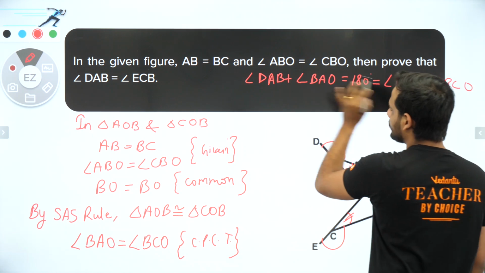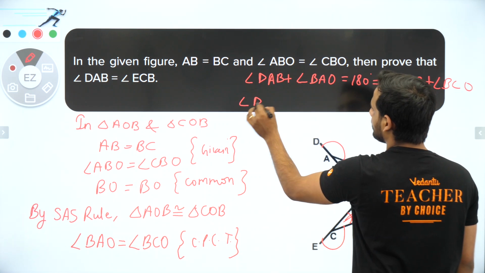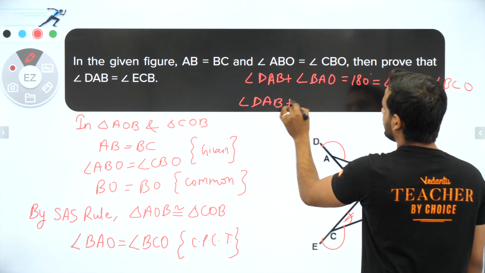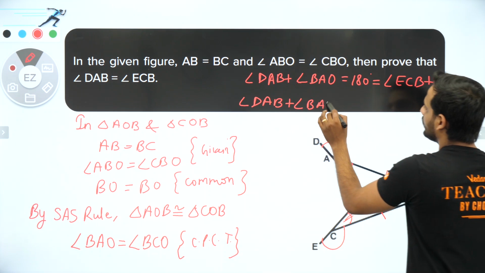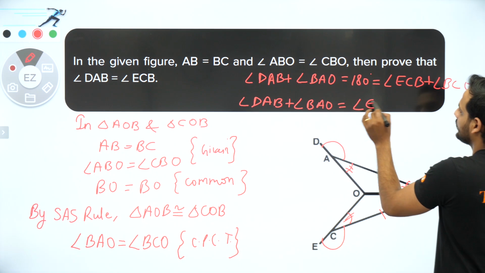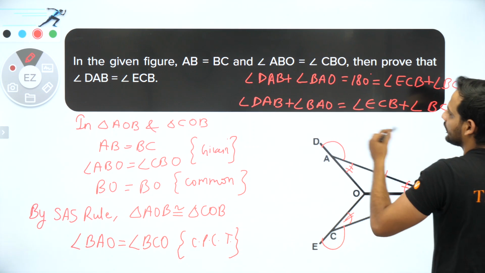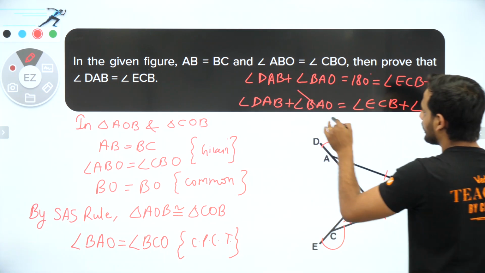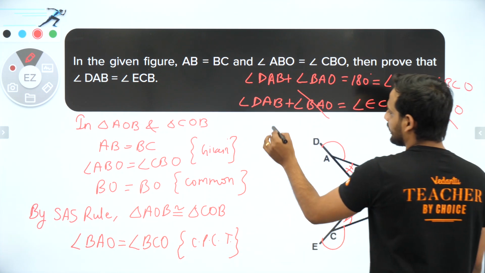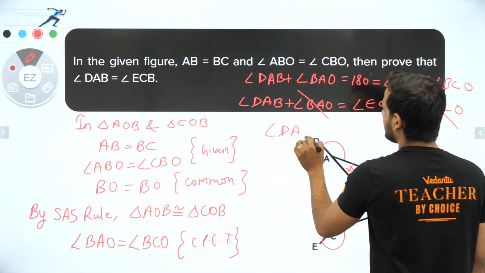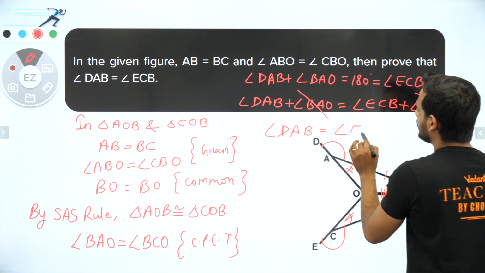So if I make these two equal, first and second one, angle DAB plus angle BAO is equal to angle ECB plus angle BCO. Now here you can see BAO and BCO we have got equal, get them cancelled, so you will be getting angle DAB is equal to angle ECB.